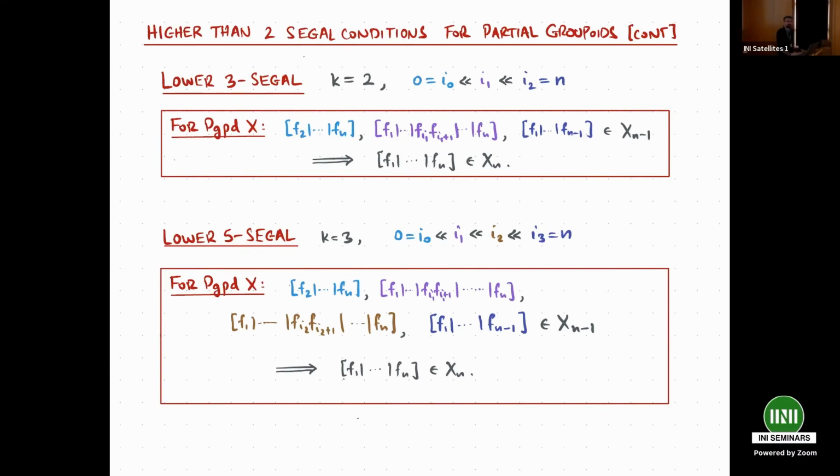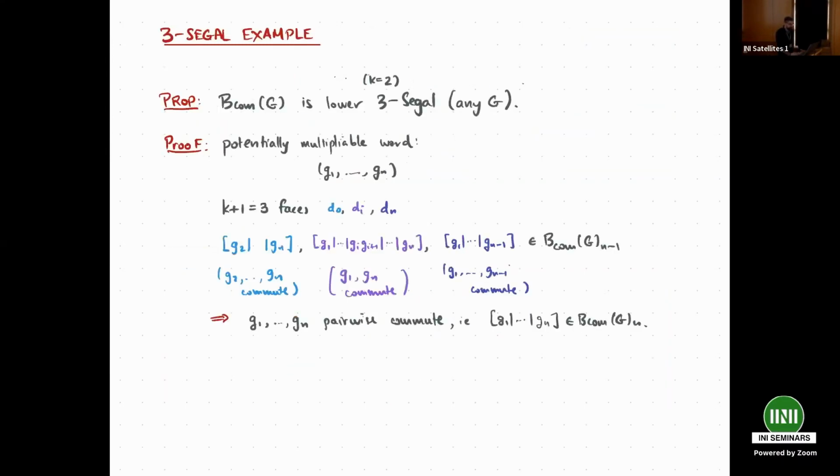But okay, so very concrete. Here's a very simple example. Take BCOM G, any G. Suppose you have a simplex of BG itself. You ask whether it's in BCOM G. Suppose you have three faces that are multipliable, in other words, three faces consisting of elements that pairwise commute.